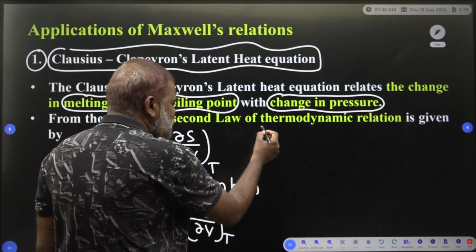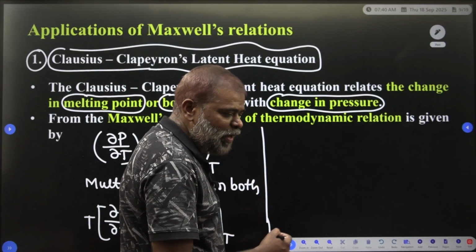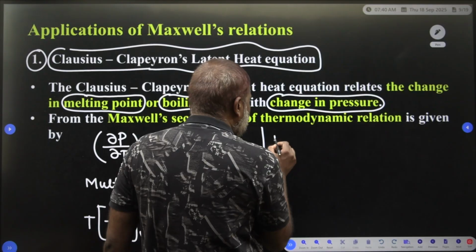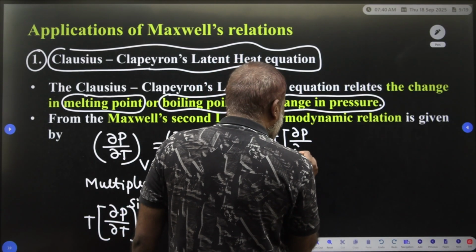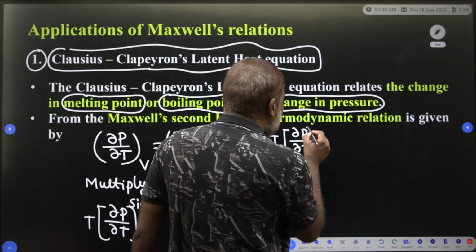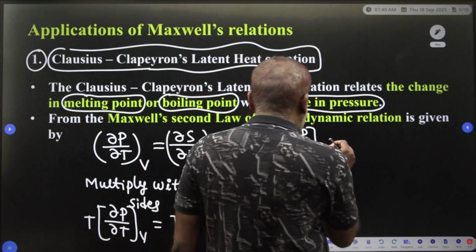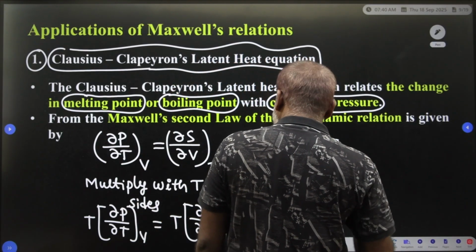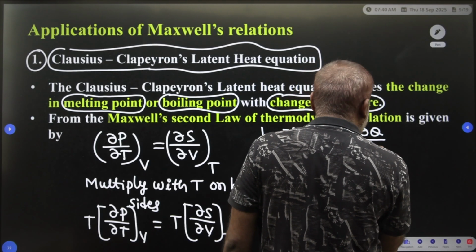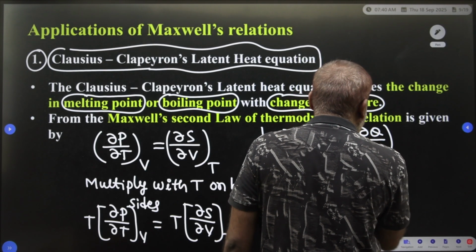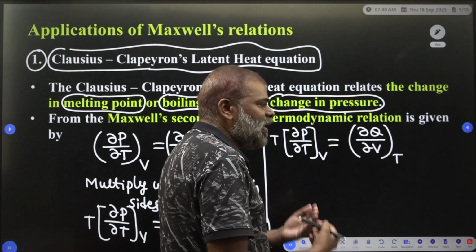Now T dS is equal to dQ, so T (∂P/∂T) at constant volume is equal to ∂Q/∂V at constant temperature. We have to take it at constant temperature.